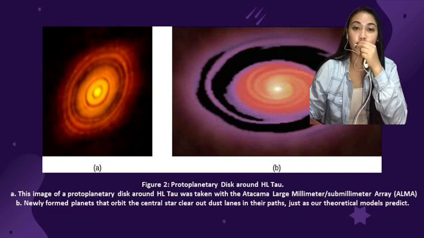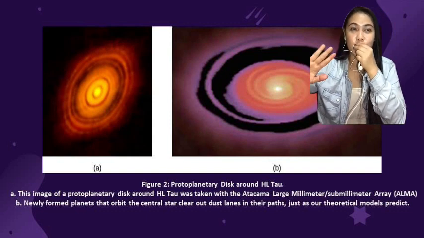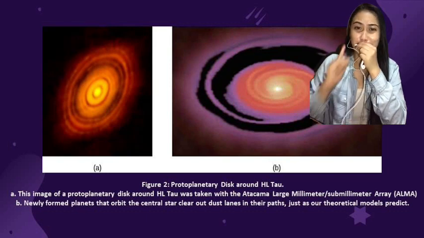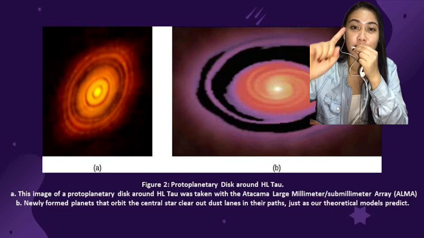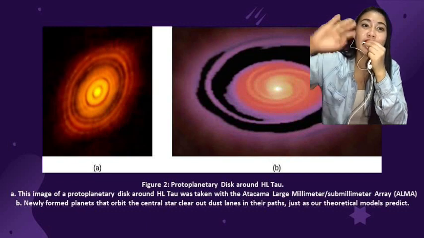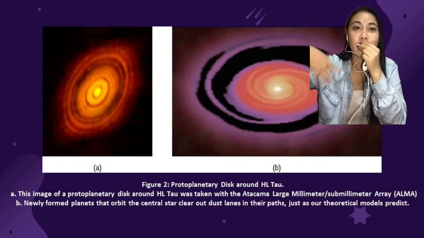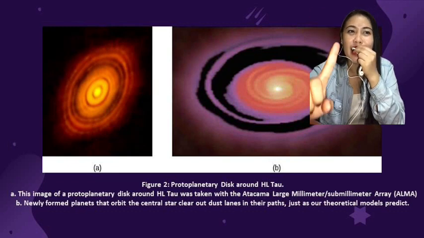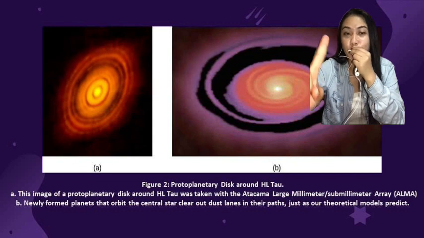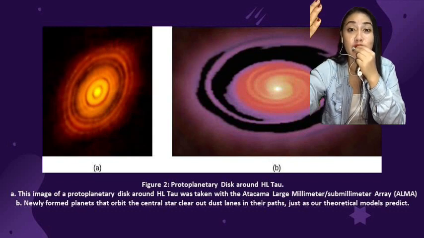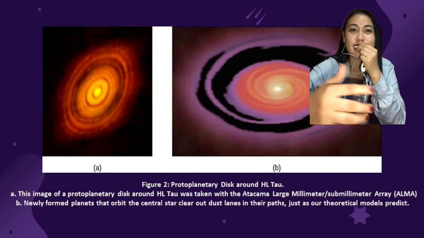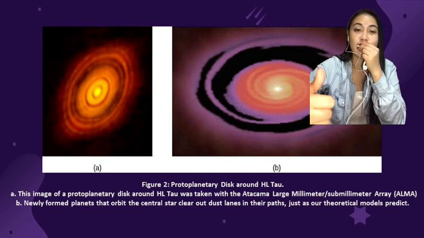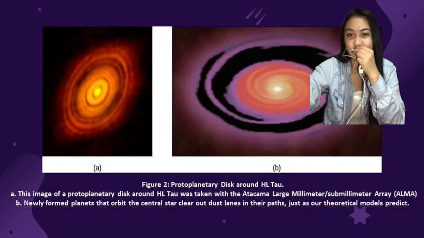Okay, yung figure 2 po natin, it shows HL Tau, which is 1 million years old. Alam niyo ba yan? A 1 million year old newborn star in the Taurus star forming region. Okay, but remember this. As the mass of the protoplanets increases, they travel in their orbits at speeds that are faster than the dust and gas in the circumstellar disk.